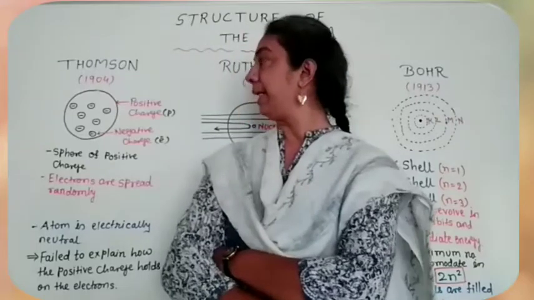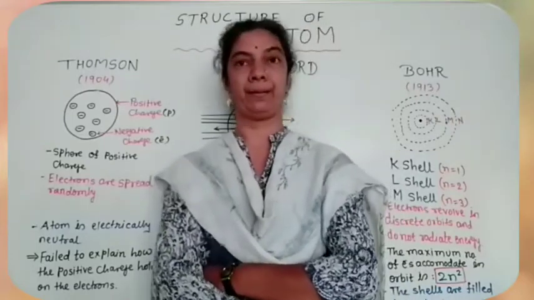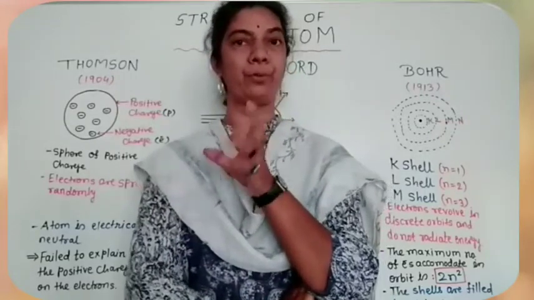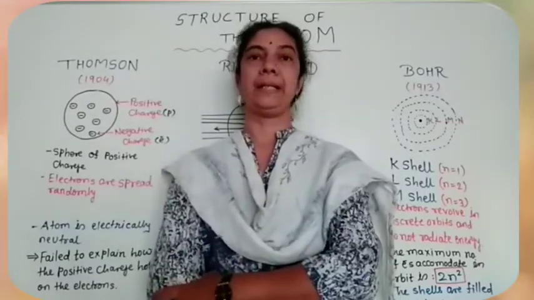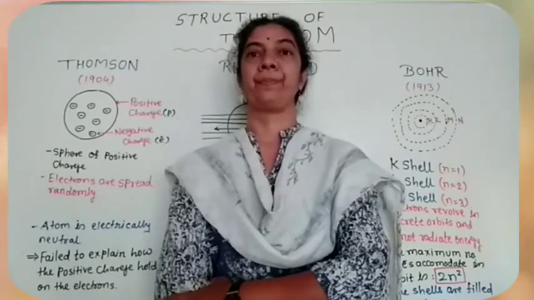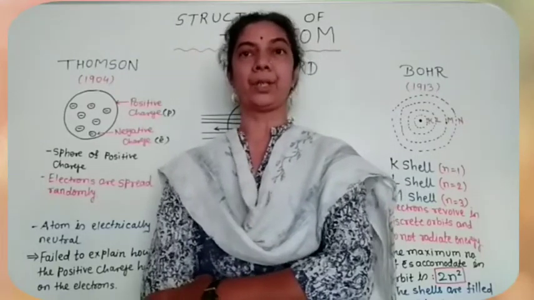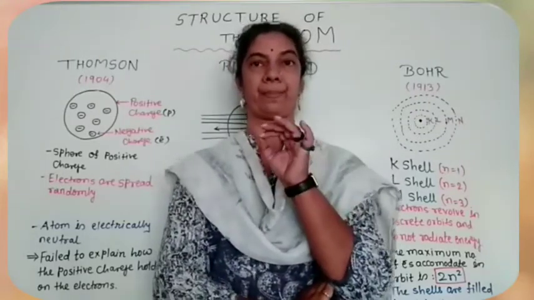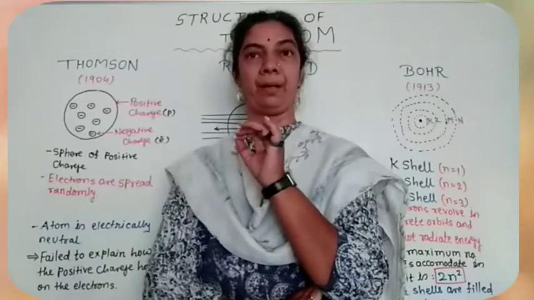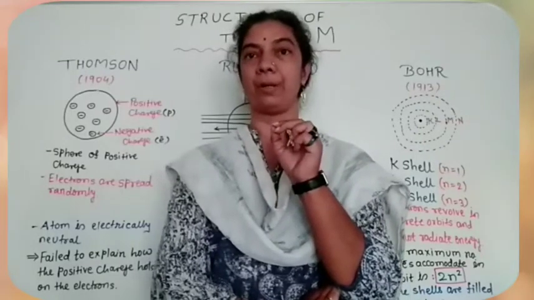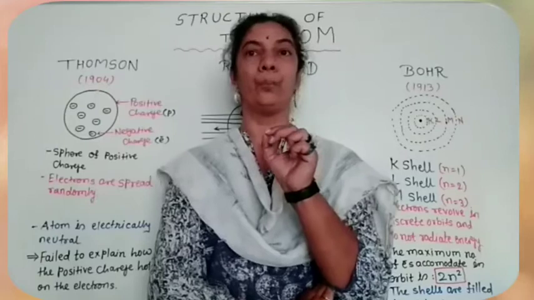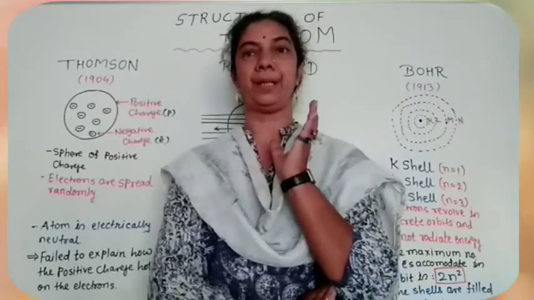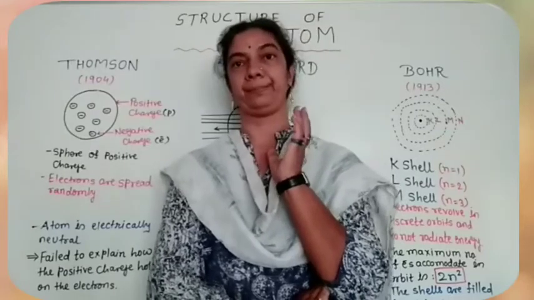In that he explained that a sphere of positive charge is present and negatively charged electrons are embedded in it, like the dry fruits or raisins in a pudding. This model was very primary, very simple.